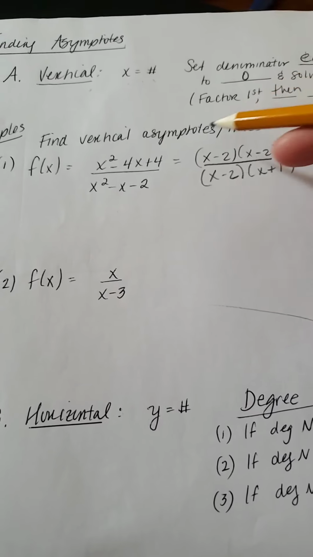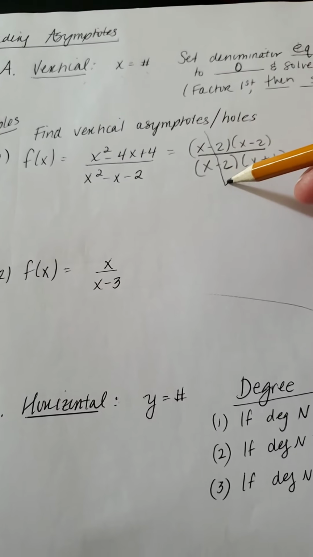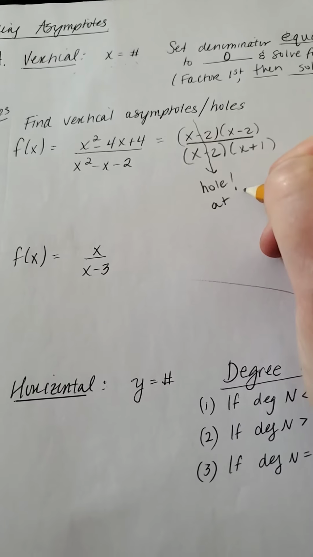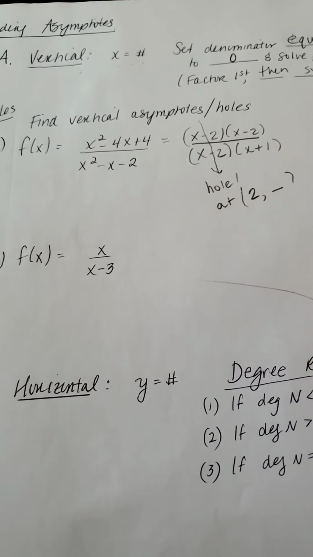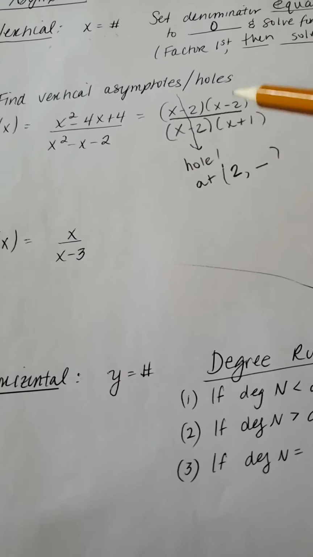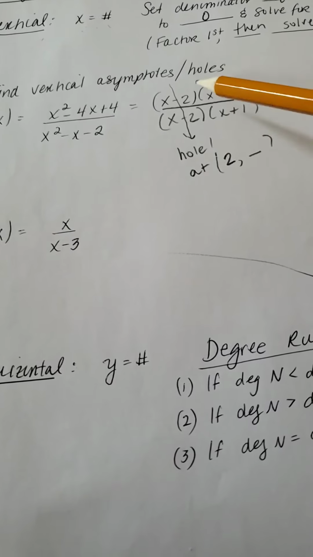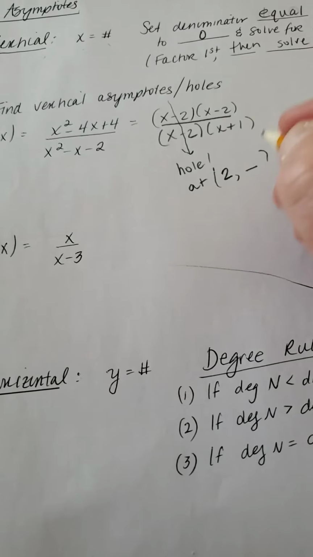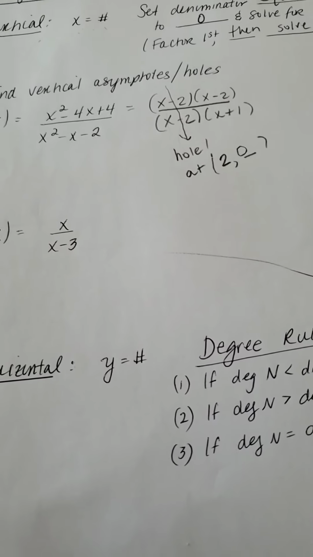And if you see that you can do this automatically, cross it out and know that there's a hole. The hole is at 2. You still have to find the y that goes with it, but you know the hole is at 2. If you plug 2 in to what's left over after this has been crossed out, you end up with 0/3. So there's a hole at 2, 0.